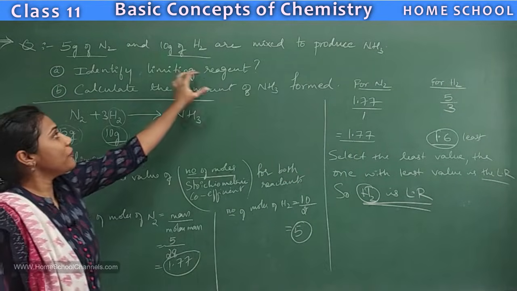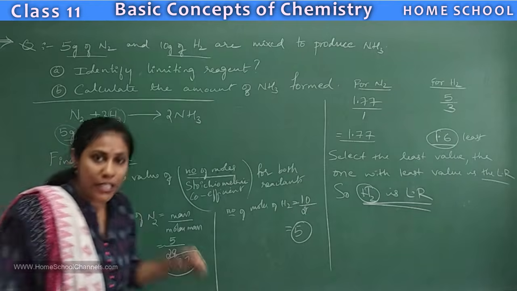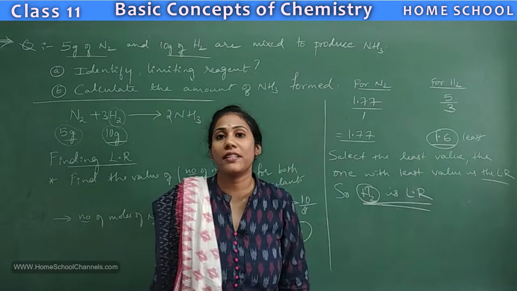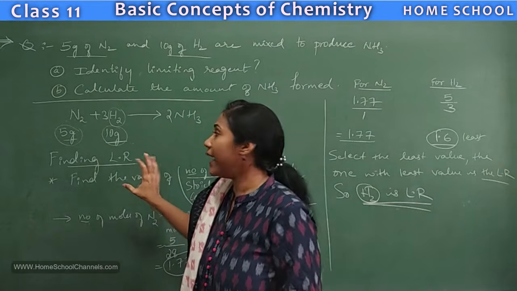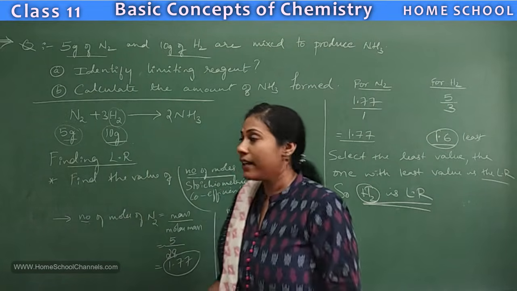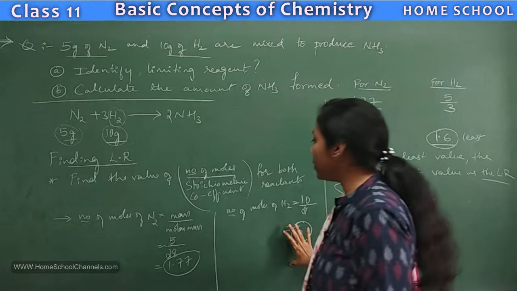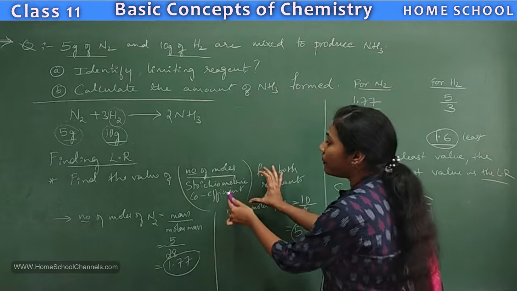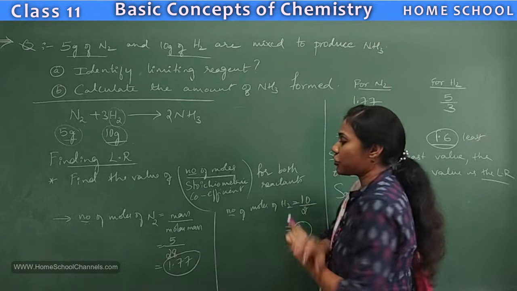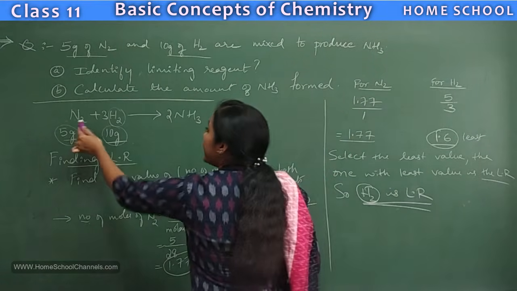They asked to identify the limiting reagent. So this is what they will ask in the competitive exam. They will not give you moles directly, they will give you mass only. Convert that into moles using a simple formula. Then you apply number of moles by stoichiometric coefficient for both reactants.